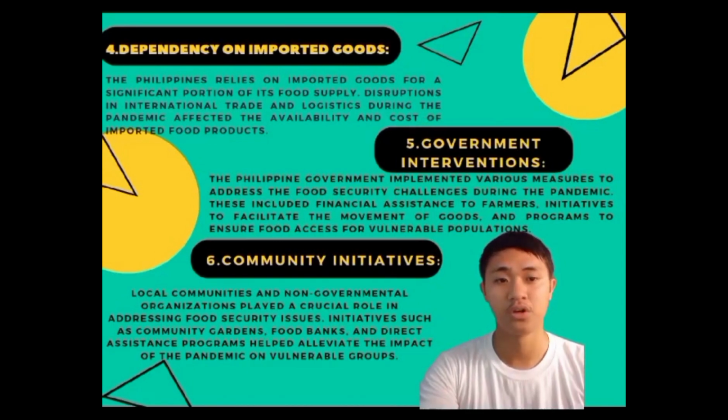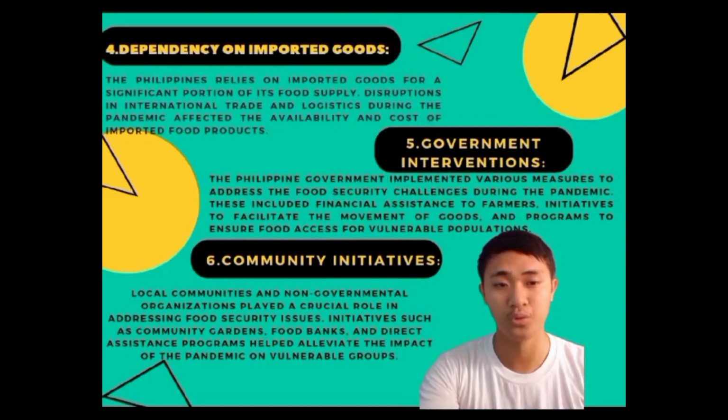And fifth is government interventions. The Philippine government implemented various measures to address the food security challenges during the pandemic. These include financial assistance to farmers, initiatives to facilitate the movement of goods, and programs to ensure food access for the vulnerable population.